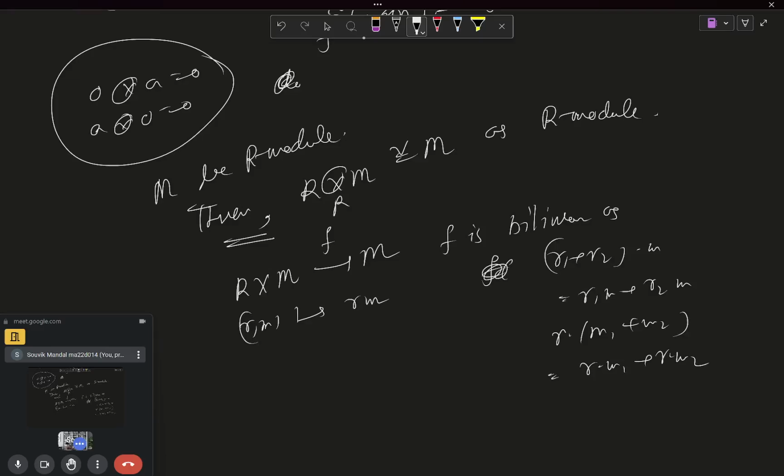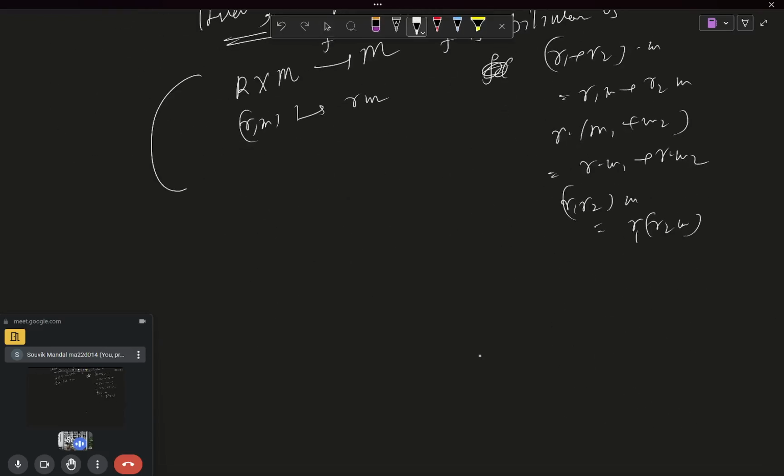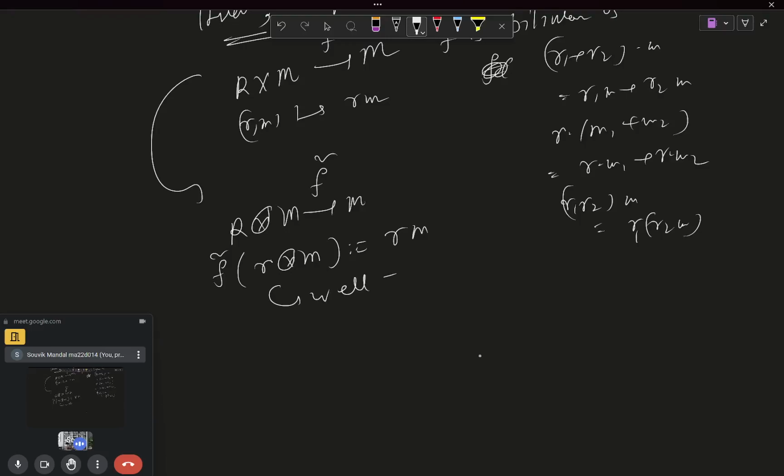And also (r1 r2) m is equal to r1 of (r2 m). So this induces a linear map f tilde from R tensor M to M, where r tensor m goes to rm. This is a well-defined linear map.